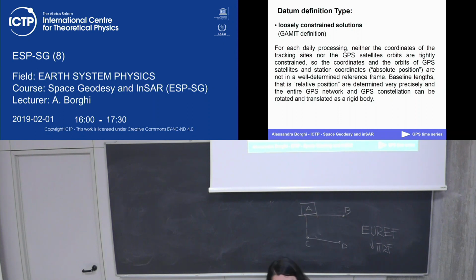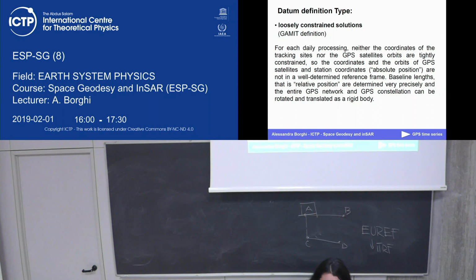But at the end, you can fix the coordinates of some point of your reference frame to have your fixed solution. There is a different step in the processing, in this data processing. At the beginning, they loosely constrain, they don't fix anything, but give a different weight. We have seen what a least square estimation is. In the least square estimation, we have the cofactor matrix, the weight matrix, and it depends on the values in this matrix.